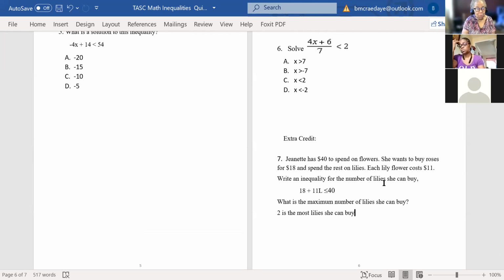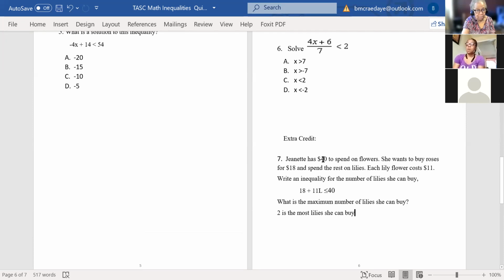Maureen, that's fine. But the first step was writing the inequality. So you had to write 18 for the cost of roses plus $11 per lily, so that's 11 times the number of lilies, less than or equal to 40. When you got to the maximum number, you didn't have to use the inequality to solve it.